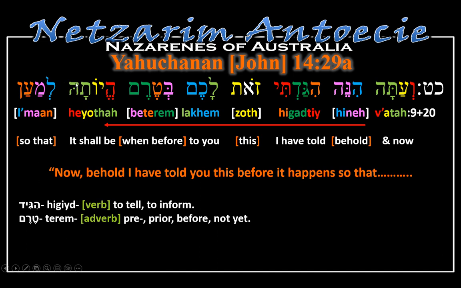Now the he at the end with the dot is like it, and hayot, or haya, means to be. So it shall be. L'ma'an, so that, or for the sake of, for the benefit of, so that. Now behold, I've told you this before it happens, so that.